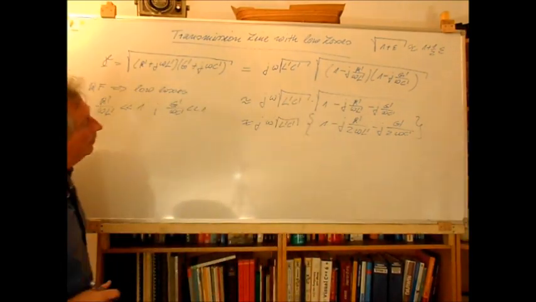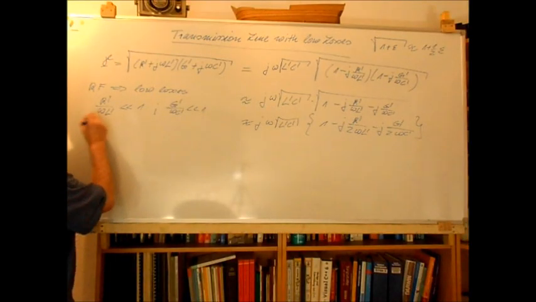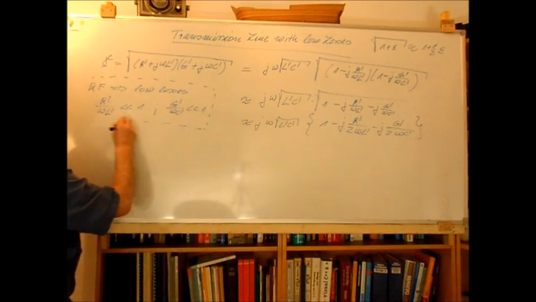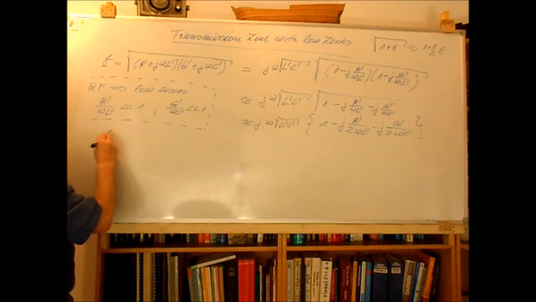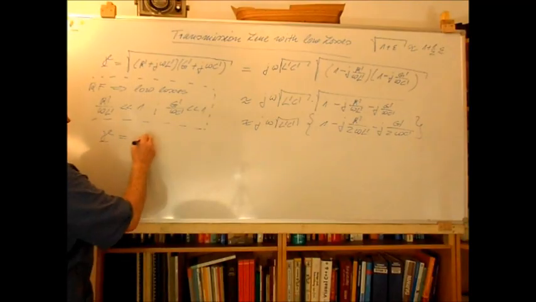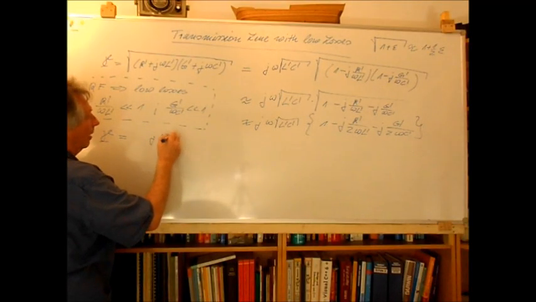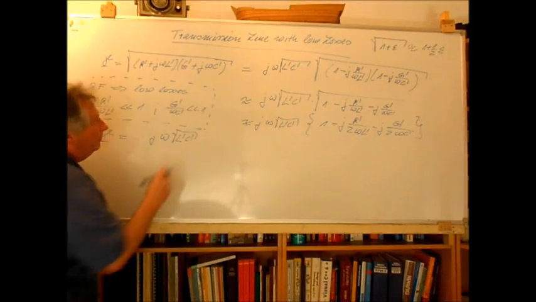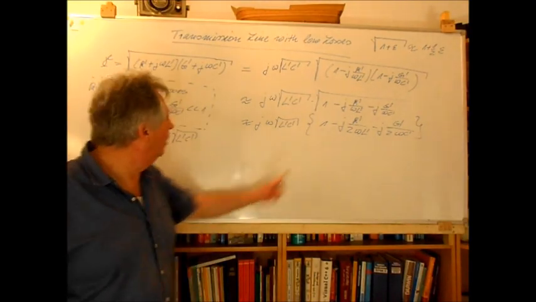Or in the next step we can conclude, do it like this, that we have gamma equal to, of course, here you see j omega, the square root of L prime C prime. This is this times 1.